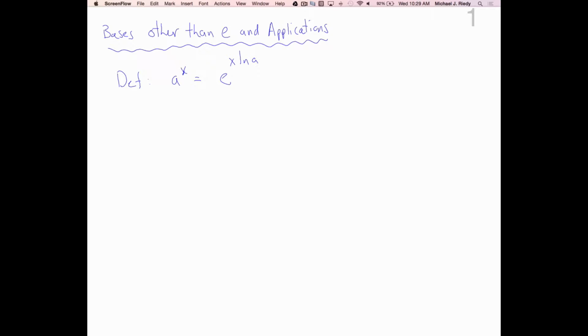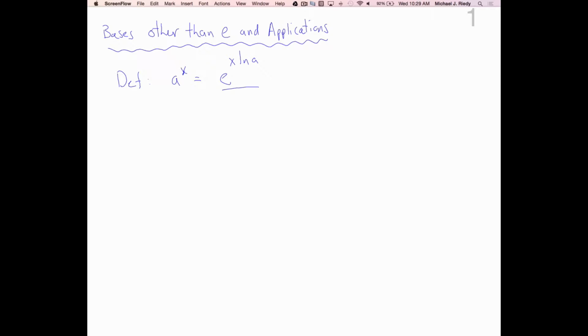We're going to need that as we work through this lesson. I take a constant, which we'll call a, some numerical value, and we're raising it to a variable, which is x. That's the same thing as taking e raised to the x natural log of a. Does this statement make sense? Do you understand how I got that?